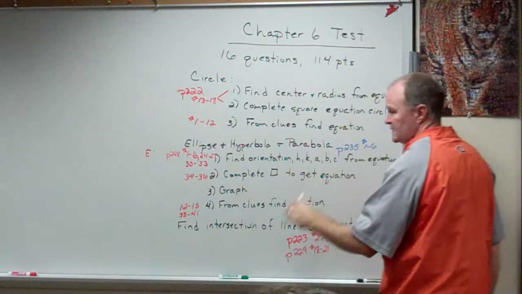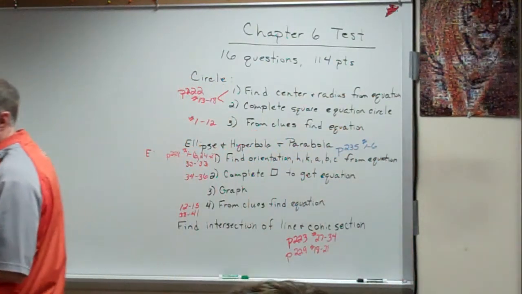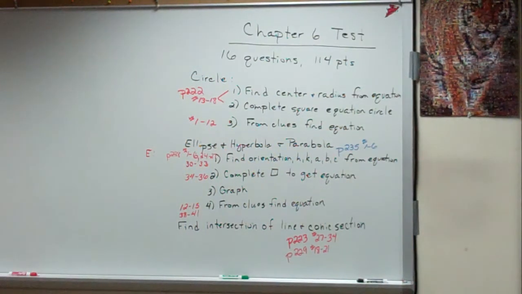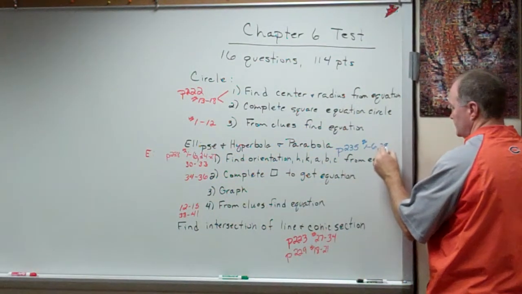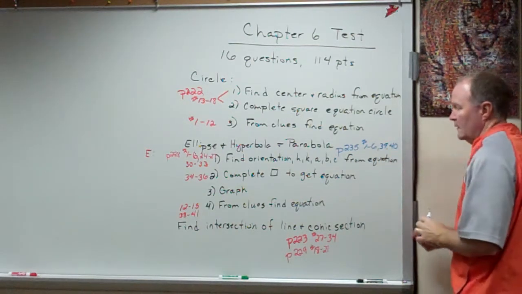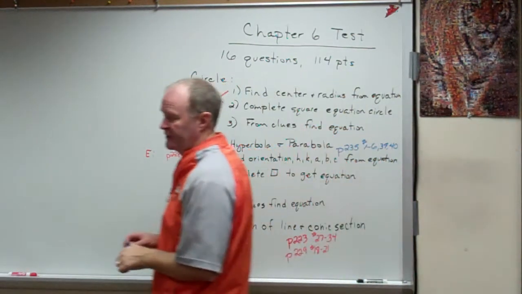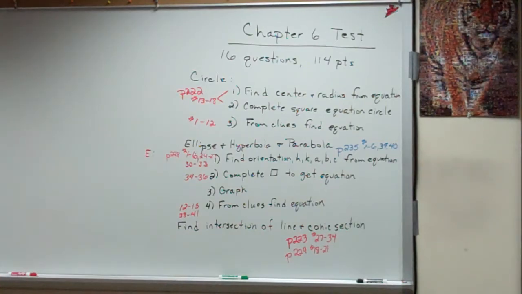1 through 6 has got some of the equation stuff. And then near the end, I think it's 39 and 40. Completing the square with hyperbola is the tricky stuff. You've got to watch out for the negatives.